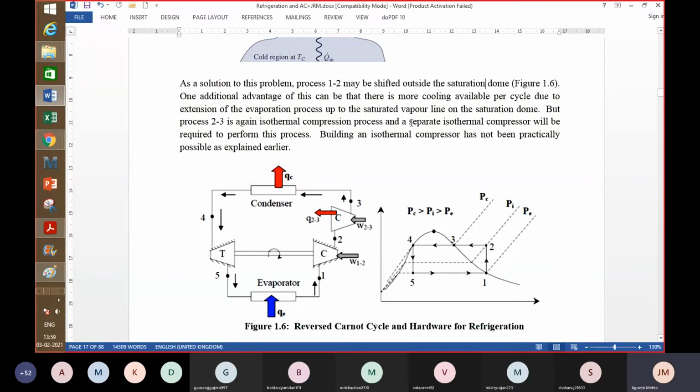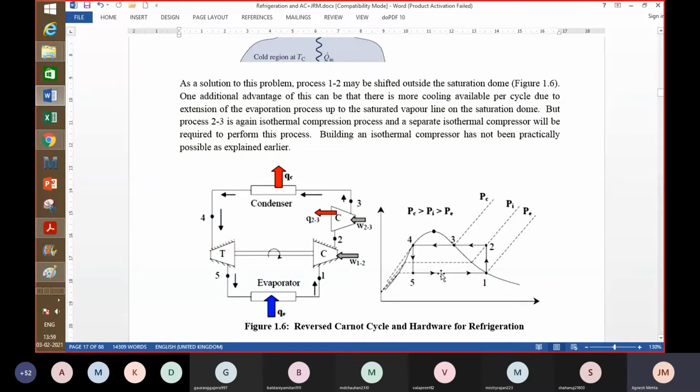Okay, so this one is starting from, this is the saturated vapor line, and on the left hand side it is the saturated liquid line, and this point that is shown is the critical point. So what you will have here on the left hand side is subcooled liquid. What you have on the right hand side is superheated vapor, and inside the saturation dome of that substance, the mixture of liquid and vapor exists.